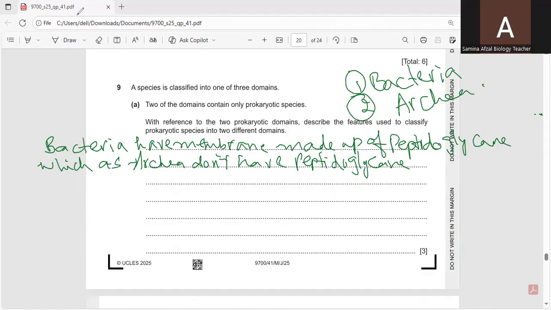Instead, they have lipids composed of hydrocarbons.